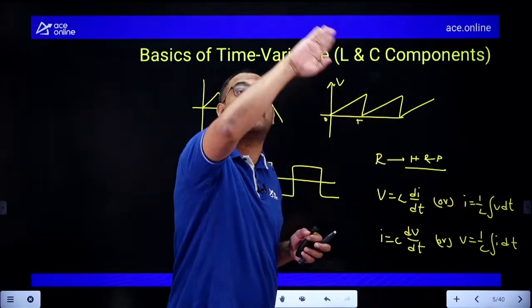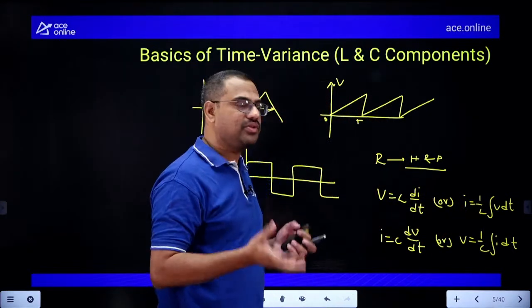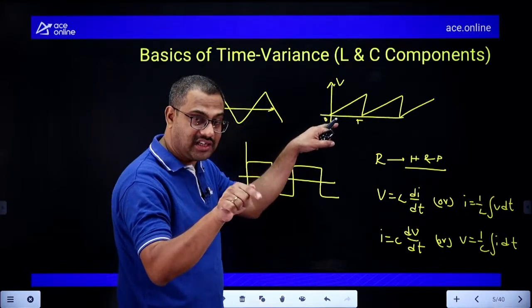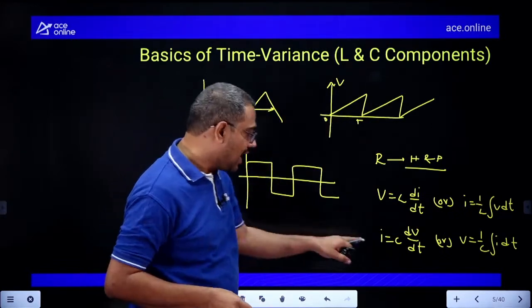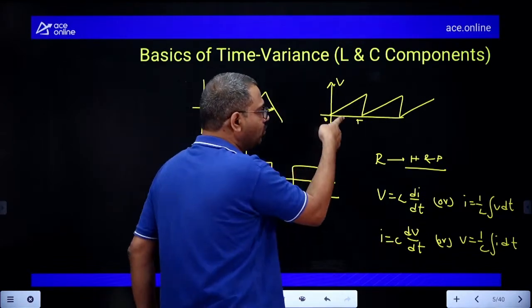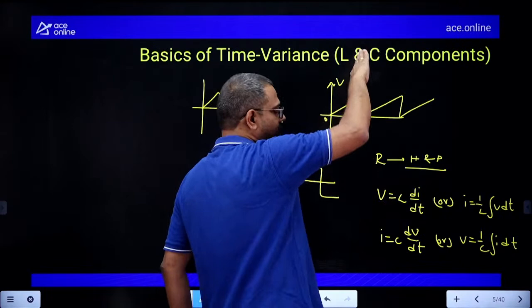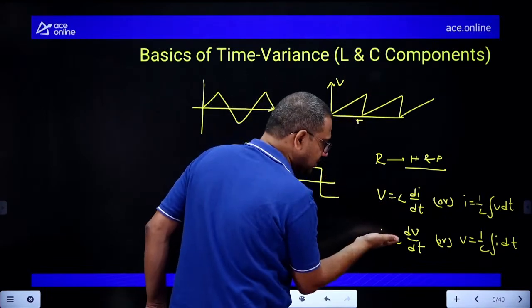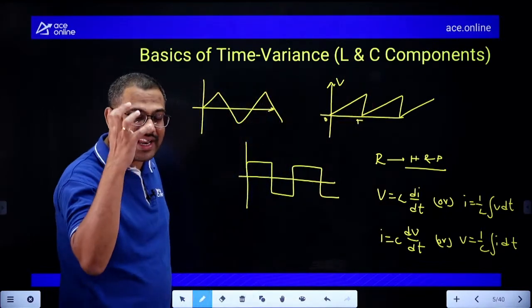Integration of ramp becomes parabolic current. Understood? Suppose same thing, if this voltage is given to capacitor, what is the shape of the current? I is C dV by dt. Differentiation of ramp, step will come. So if this voltage is given to inductor, current is parabolic, but if this voltage is given to capacitor, current is step. That is how analysis will start.